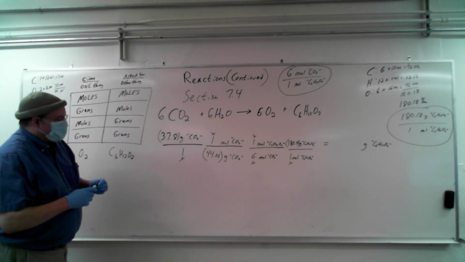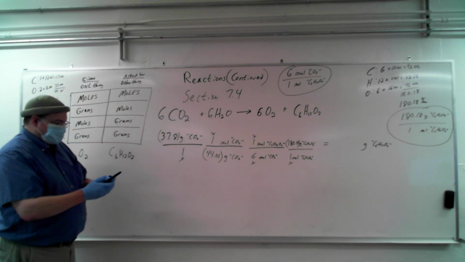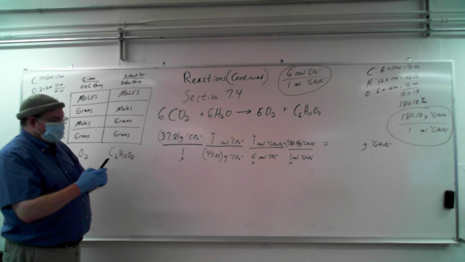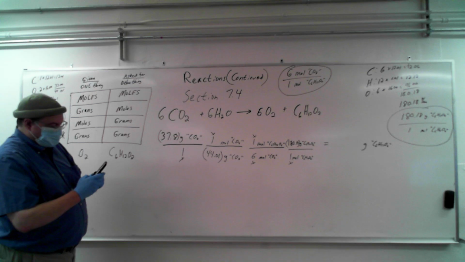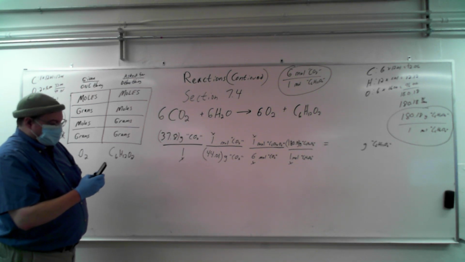I have to make sure I divide by the 6 to do this. So I'll go 37.8 times 180.18 divided by 44.01 divided by 6.